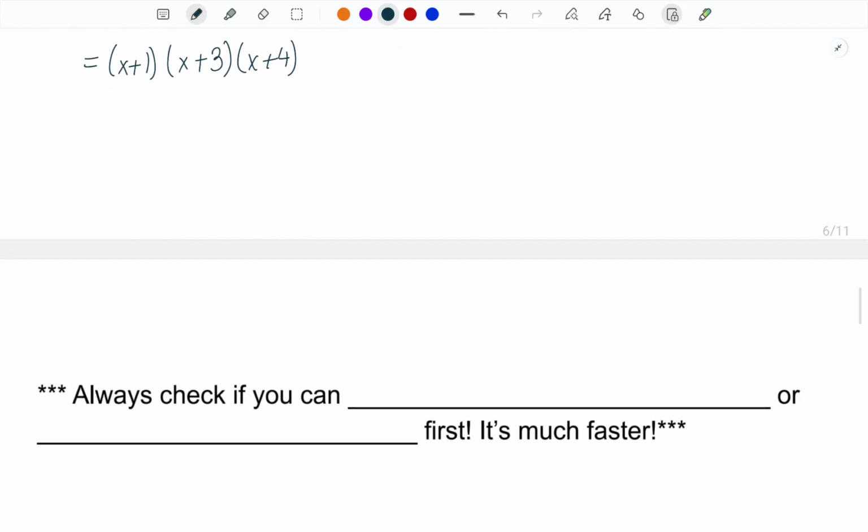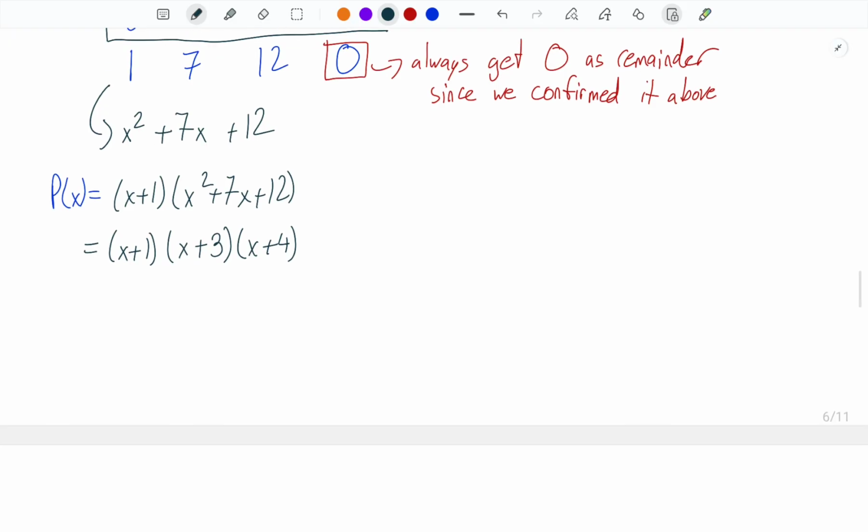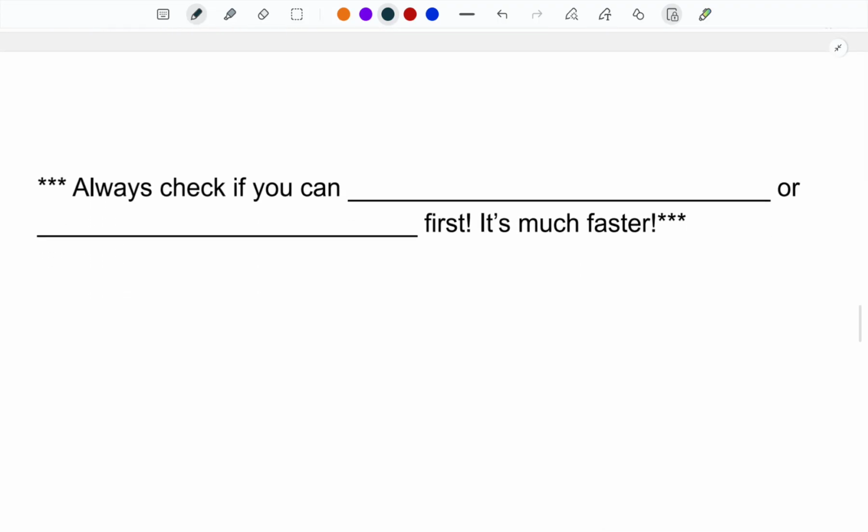So that's going to be the key, and that's going to be the repetitive process: essentially finding that factor by plugging in numbers until you get it, divide, and just do that over and over again whenever you're factoring. Okay, but just keep in mind that process can be a long one, so always check if you can factor by grouping.